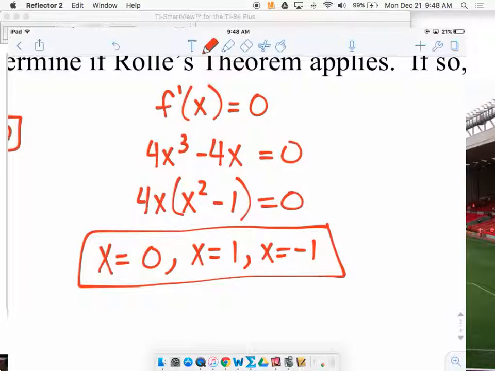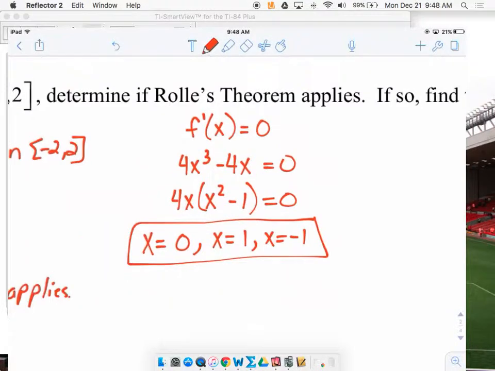I did it from -2 to 2, and then -10 to 10. So you have horizontal tangents at those 3 points, and we probably could have sketched that without having to graph it.